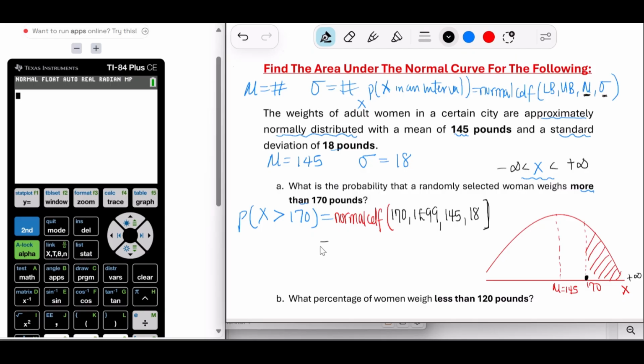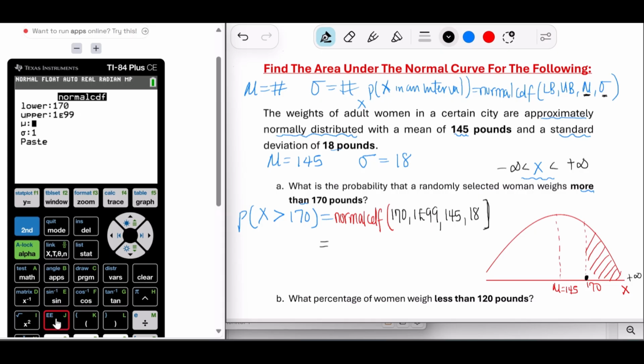Now, what is the probability? Coming down to this calculator, in the previous video, I told you we have the second function, the distribution. Then you can come to number 2, which is the normal CDF. Click on that. The lower bound is 170, and the upper bound is 1e99. To get the e, you click on the second function and you click on this, e99.